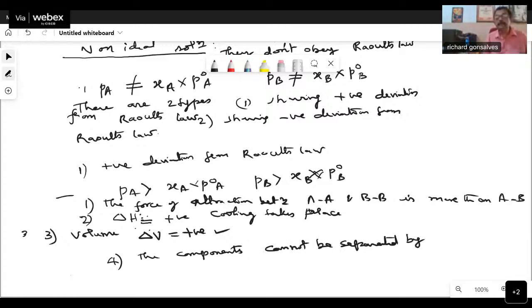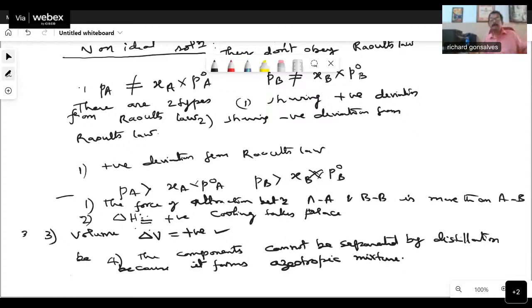By distillation, fractional distillation, I am not able to separate A and B because it forms azeotropic mixture. What is the meaning of azeotropic mixture? A mixture which distills without change in composition is called azeotropic mixture.